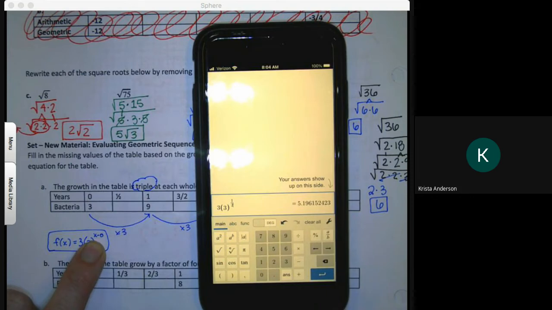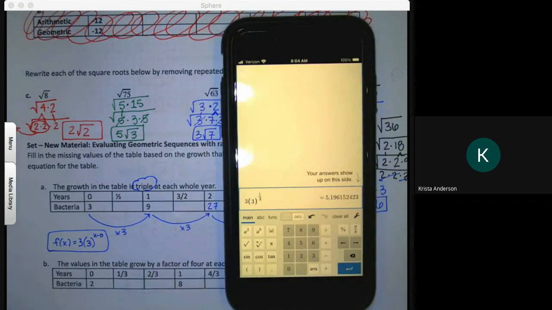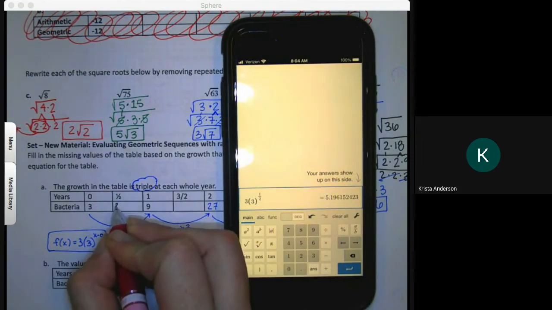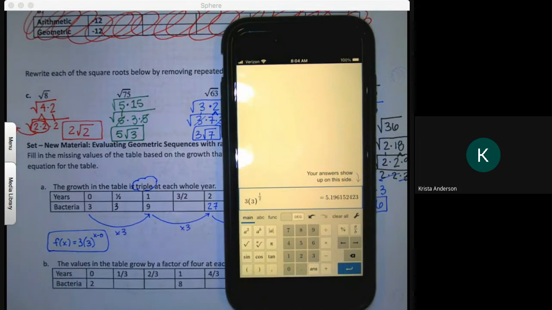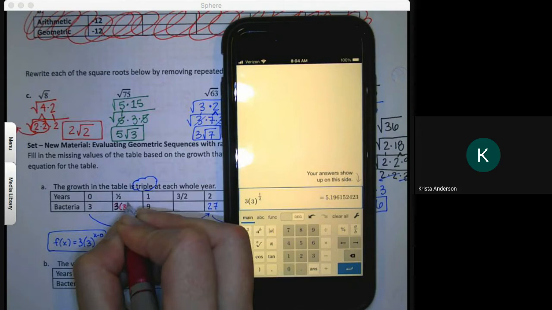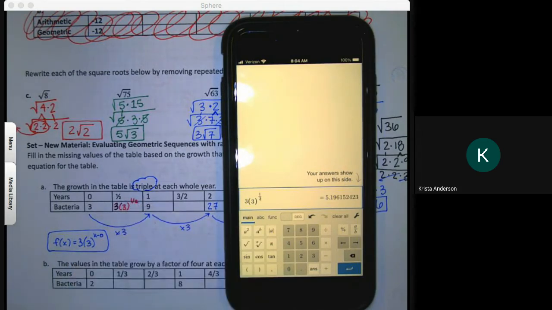You may choose, okay? You can type in your box. Oh, that's not what I wanted to do. 3 times 3 to the power of 1/2, and that would mark it correct within your assignment. What's the other way you think your computer would allow you to type it in?